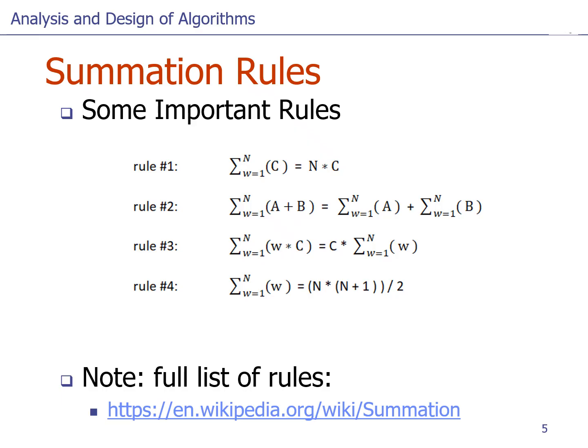Okay? The fourth one says that the summation from 1 to n of w is equivalent to the computation on the right side, which will turn out to be another important rule, because this is actually how we end up finding the actual asymptotic order, because we're not particularly interested in summations.